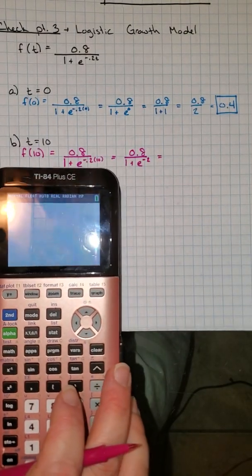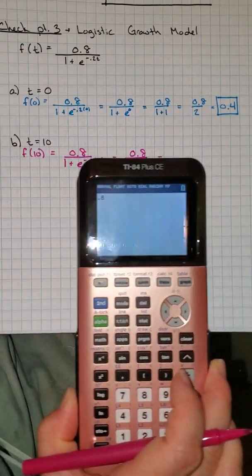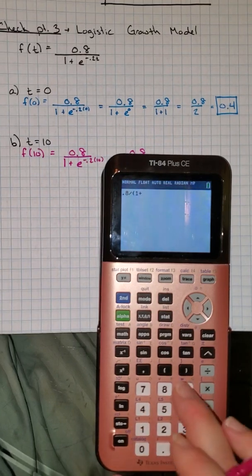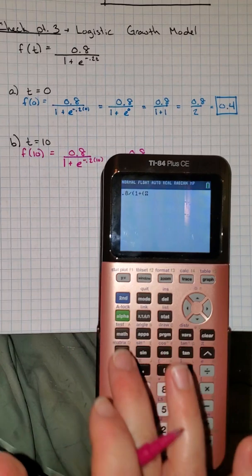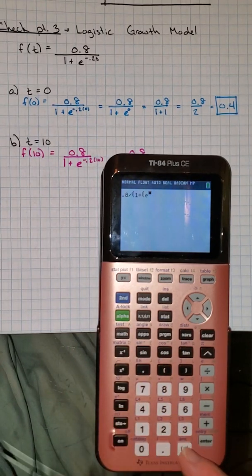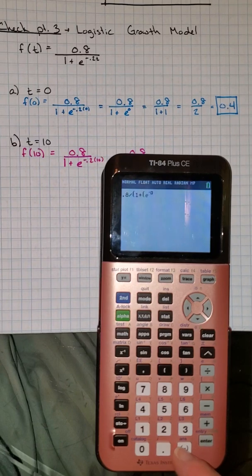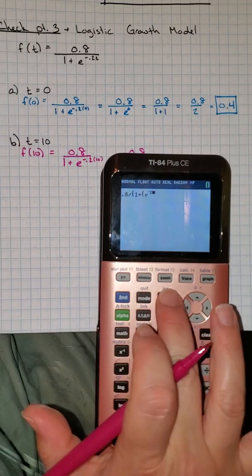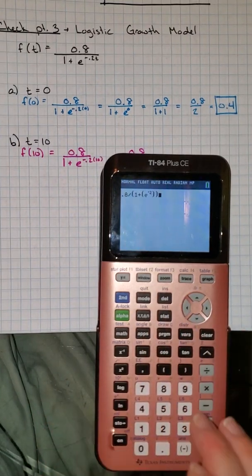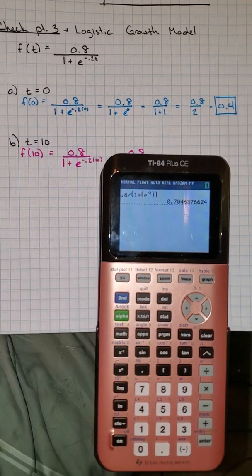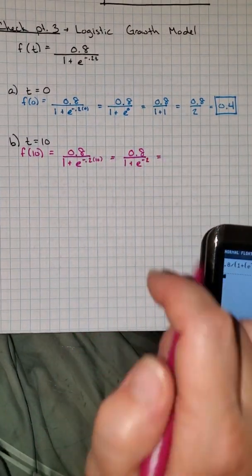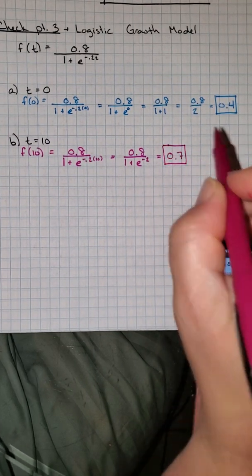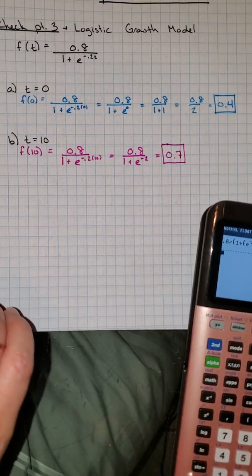So 0.8 divided by parentheses 1 plus, I'm going to put this in parentheses too, e to the negative 2, close parenthesis, and you get 0.7, so it's moved up. It's like percentages, 70% correct, when in the beginning it was 40%. So that's after 10 trials, you get 0.7.